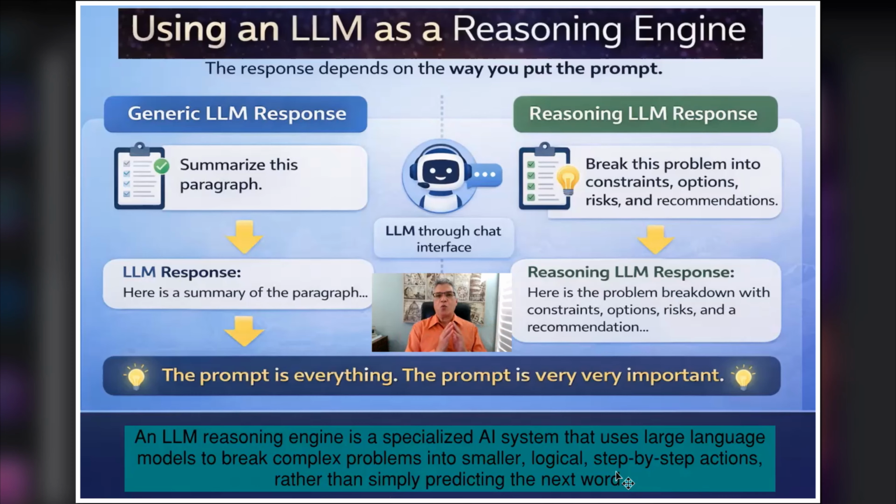It means that when using an LLM as a reasoning engine by providing a very good detailed prompt, the model itself will take your questions and your request and divide it into smaller steps, take each part of your question and deal with it separately, and then take all the responses, put them together, and give you the final response with more details than if you provided a generic prompt.